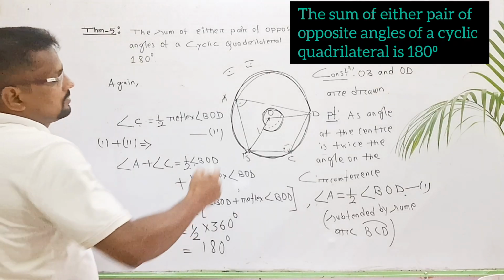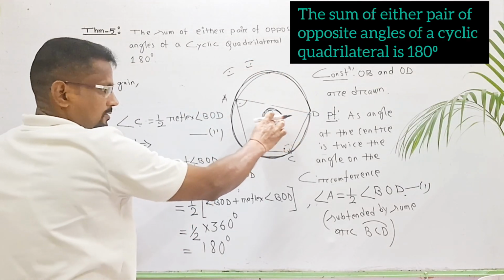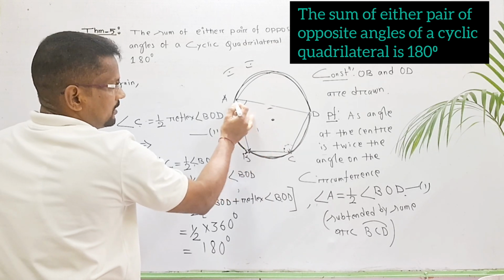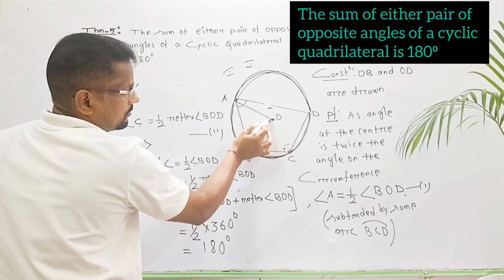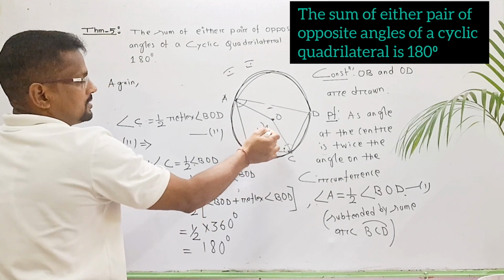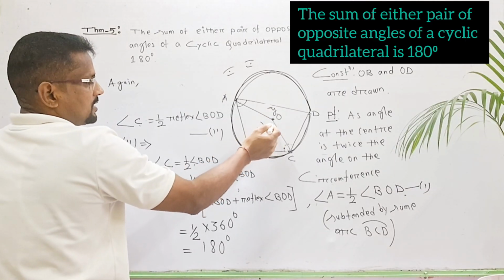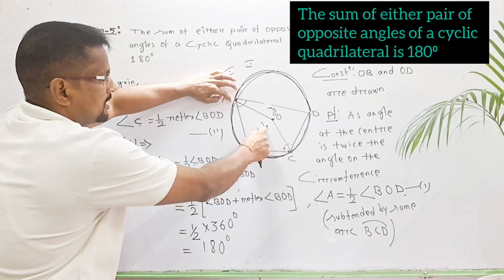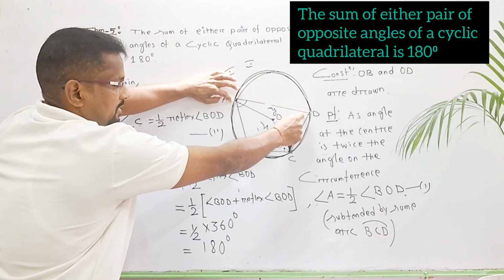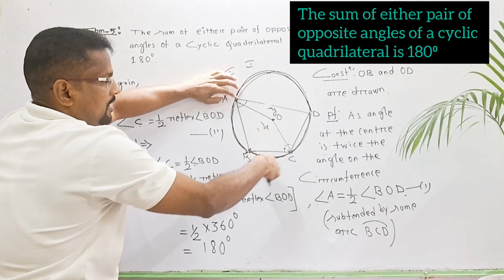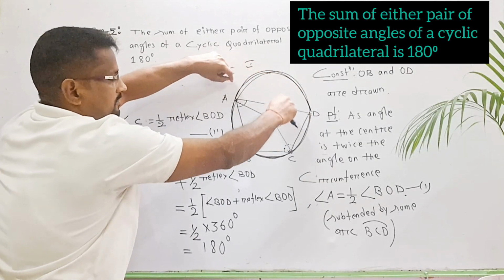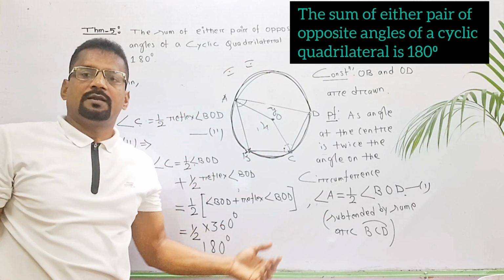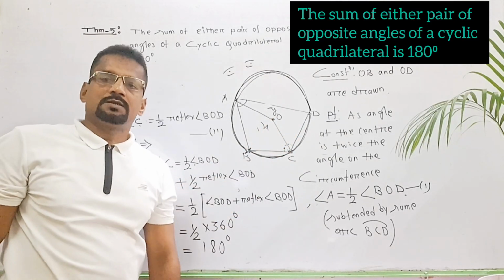And for that you have to take these two. If you join this, say this is your center, AO and OC, then similarly it is X, it is Y. Then from this side you can prove it. The arc ABC subtends angle X and so D is half of angle X. Again from this arc, from this side, angle B is half of angle Y. If you take the sum, then you will get that B and D are also supplementary.